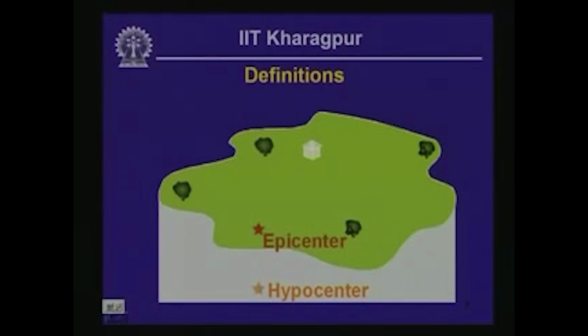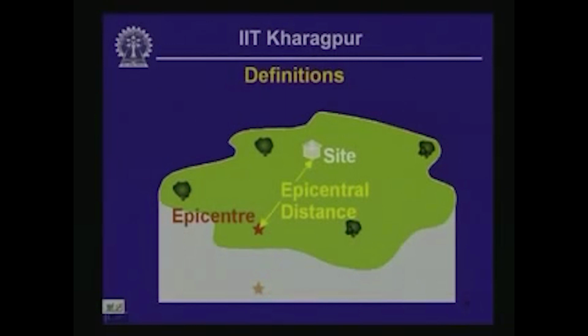That is the definition of epicenter. Now if you find the distance from the hypocenter to a site, then that is called the hypocentral distance. Similarly, if you compute the distance between the epicenter and the site, then what you get is an epicentral distance.